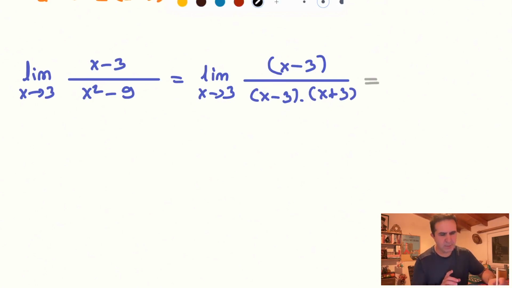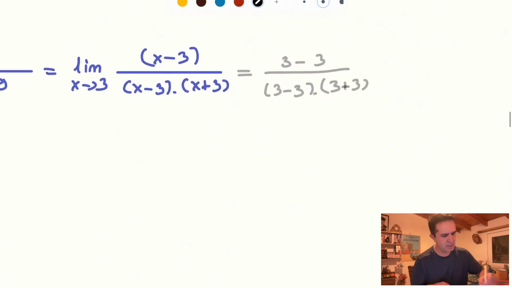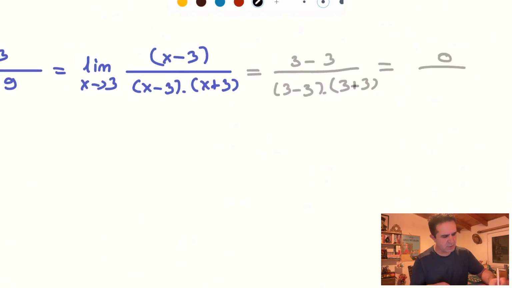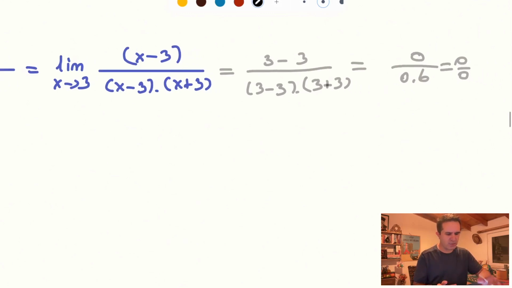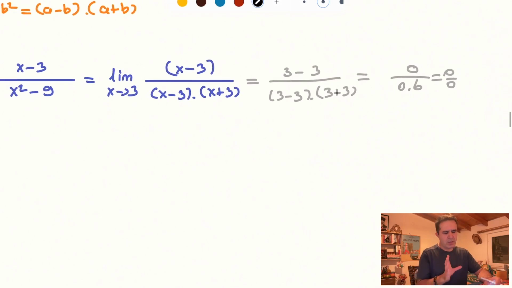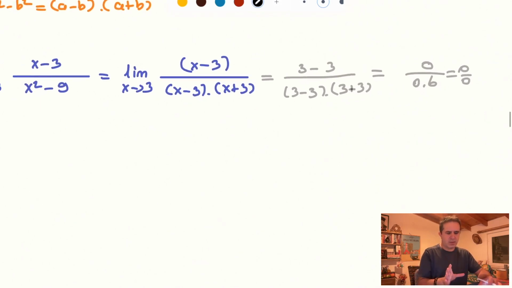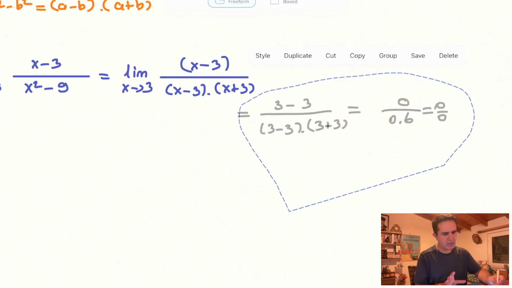If we substitute 3 here, we will get 3 minus 3 divided by (3 minus 3) multiplied by (3 plus 3), which is 0 divided by 0, and 0 divided by 0 is undefined. For that reason, we cannot use direct substitution.